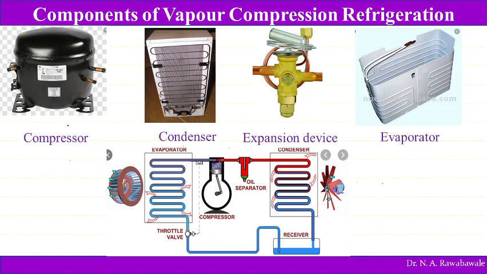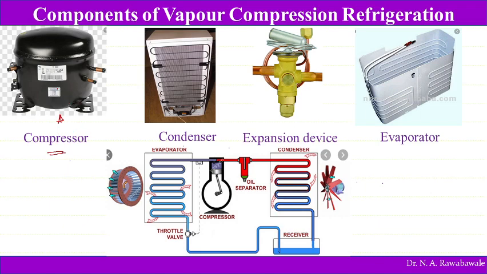So the very first device that is used in a vapor compression refrigeration system. These are the components of a small refrigeration system. So very first, this black box like device is known as a compressor. This is called a hermetically sealed compressor.